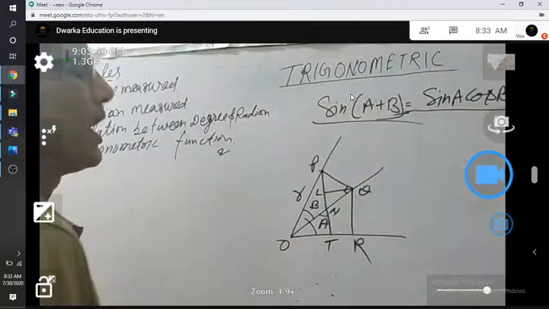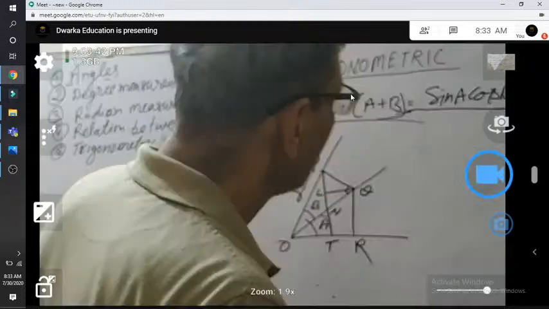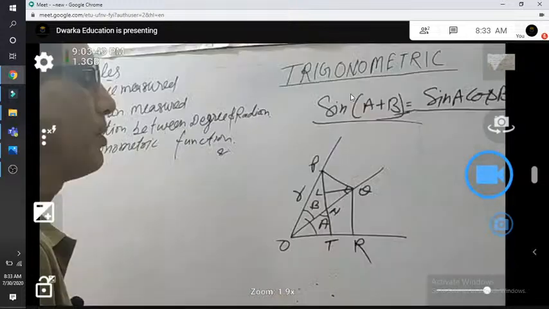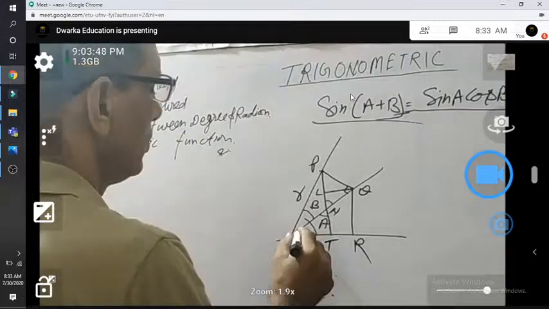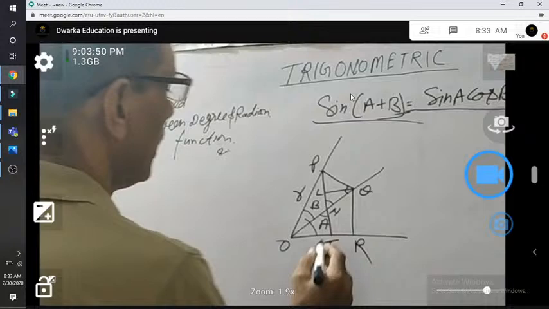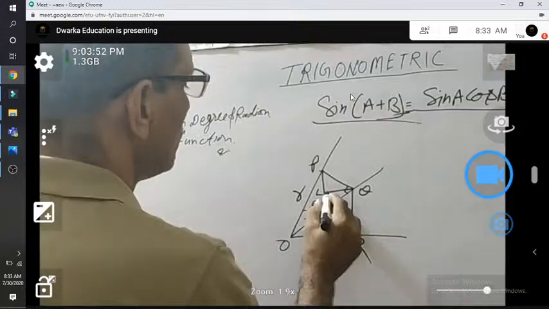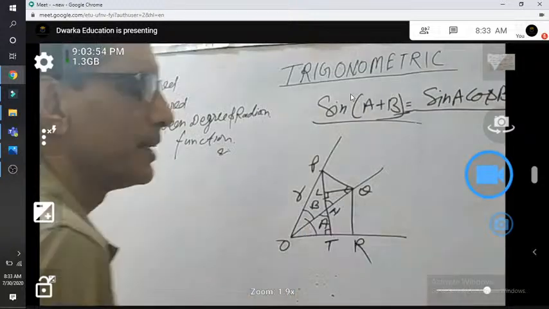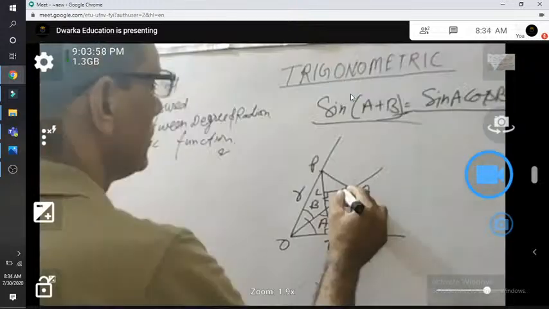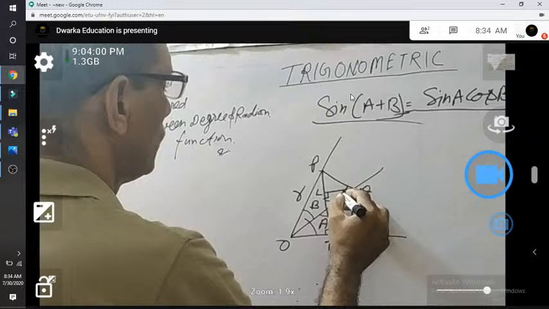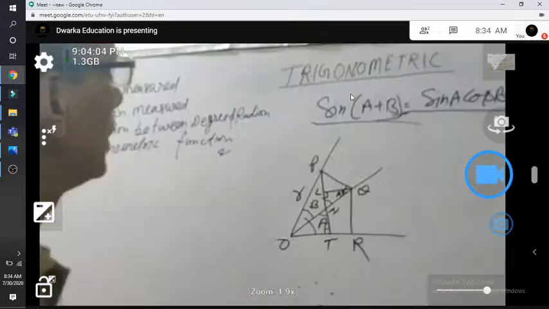These are similar triangles. This angle is a corresponding angle, and this angle is equal to 90 degree, and this angle is equal to A.